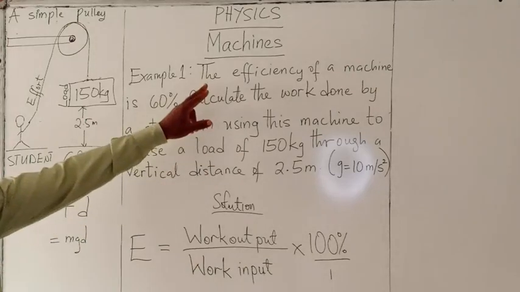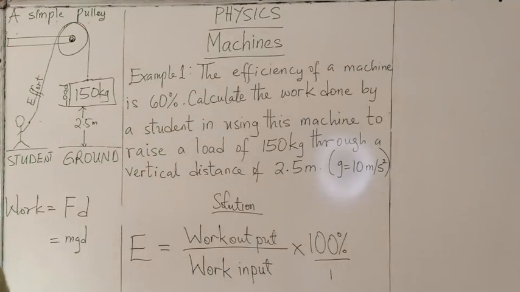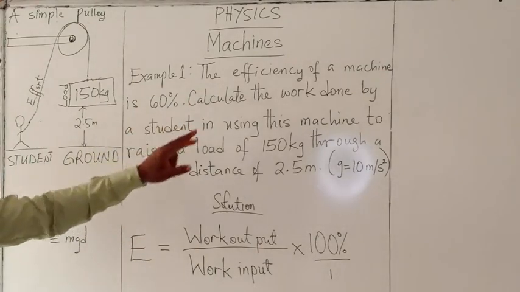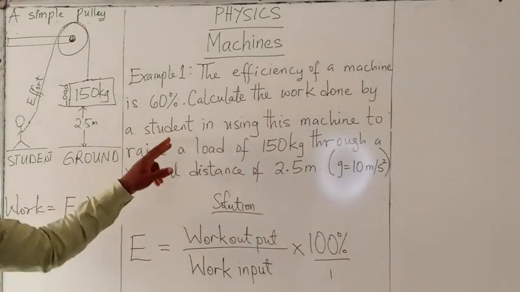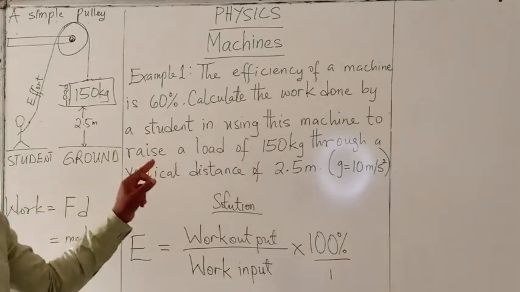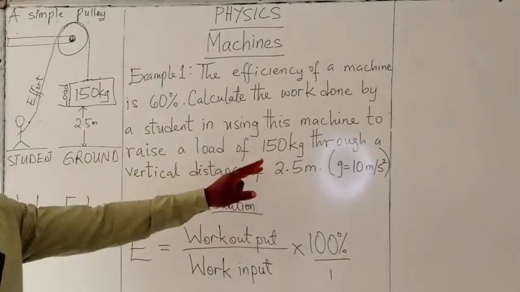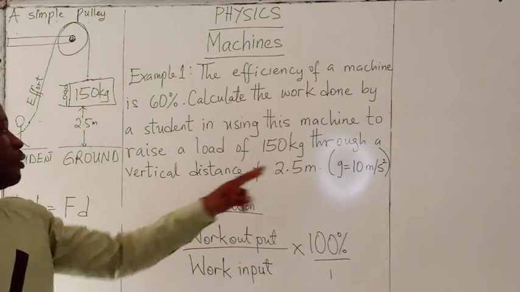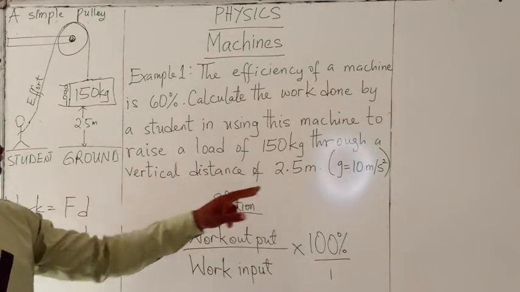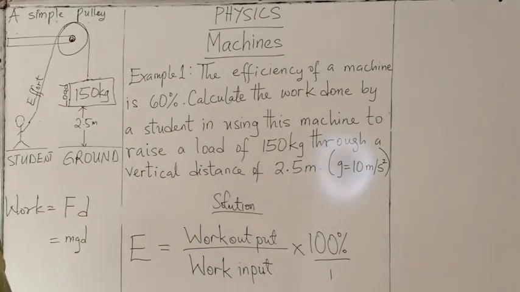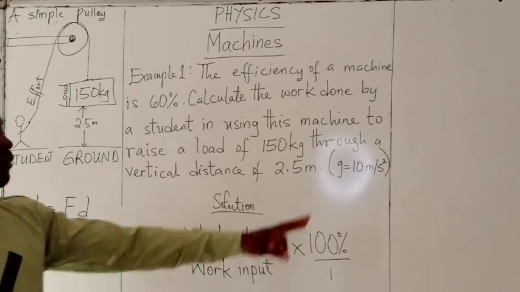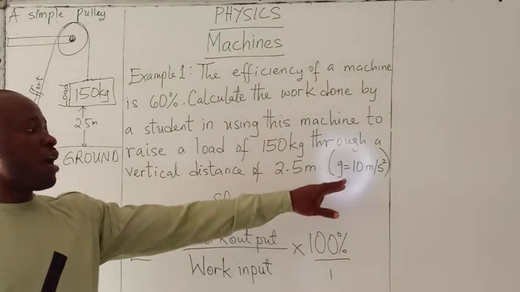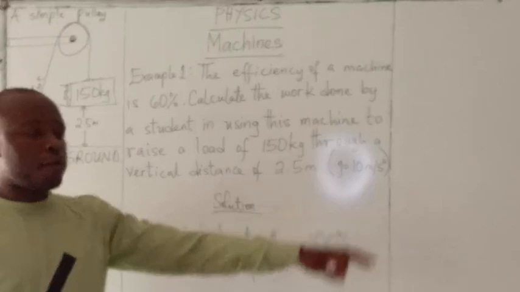The problem is this: the efficiency of a machine is 60%. Calculate the work done by the student in using this machine to raise a load of 150 kg through a vertical distance of 2.5 meters. And you are given that acceleration due to gravity is equal to 10 meters per second squared.